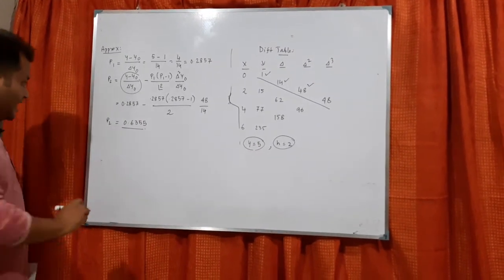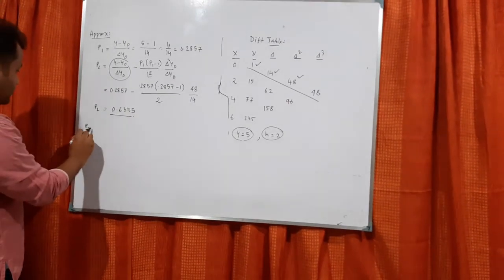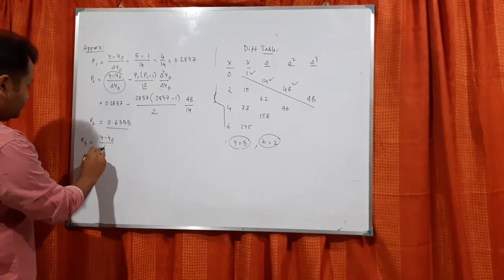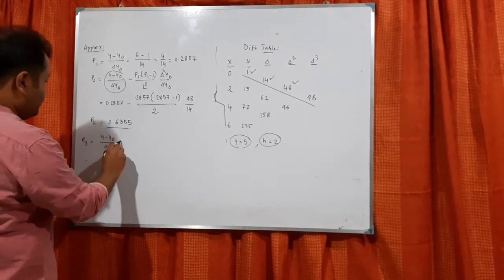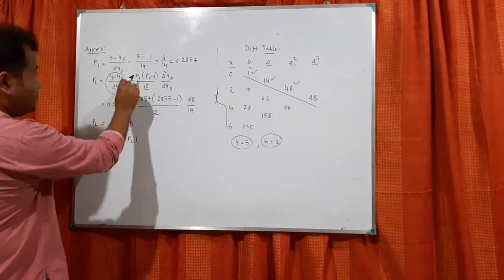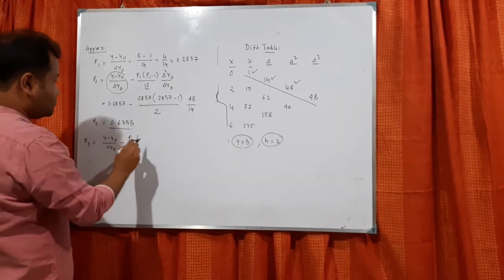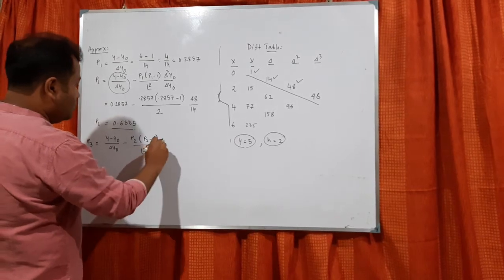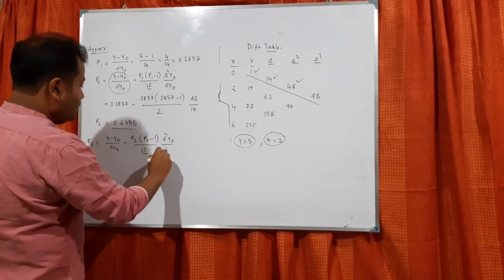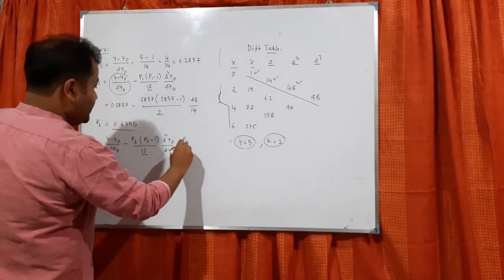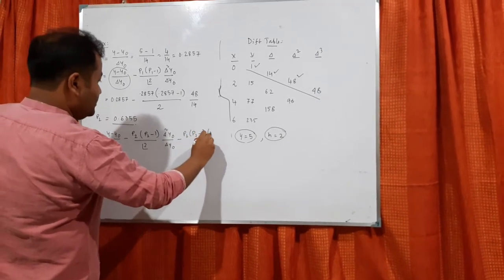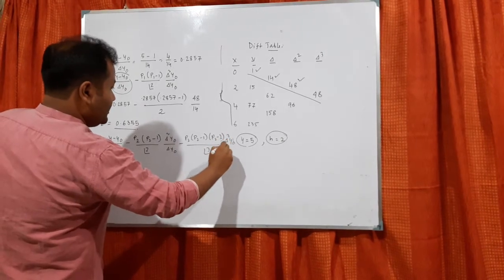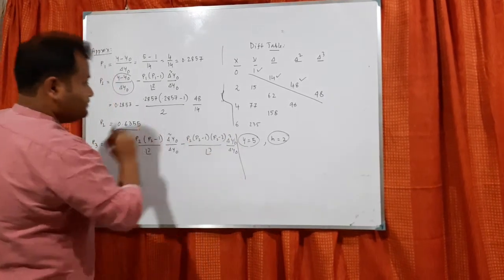Then if you go for P3, it will be y minus y naught by delta y naught minus P2 into P2 minus 1 by factorial 2 delta square y naught by delta y naught, minus P2 into P2 minus 1 into P2 minus 2 by factorial 3 delta cube y naught by delta y naught. Now it will be P2 because P2 is the latest one.